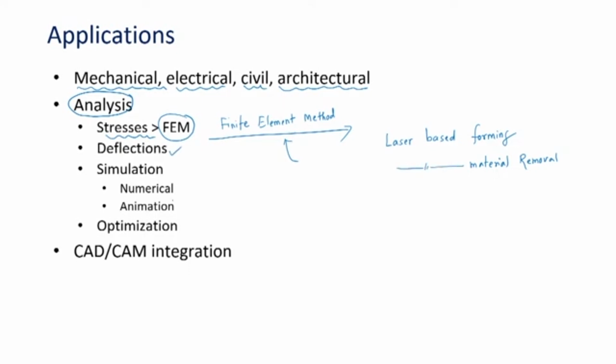The deflection, then the numerical simulation and the animation. So, consider if you want to carry out the animation of the movement of various linkages inside a mechanism, there also the CAD drawings are very much useful. To even find out the optimal levels of the parameters, particularly the sizes or the thicknesses of the various elements of a product, the CAD modeling is essential.